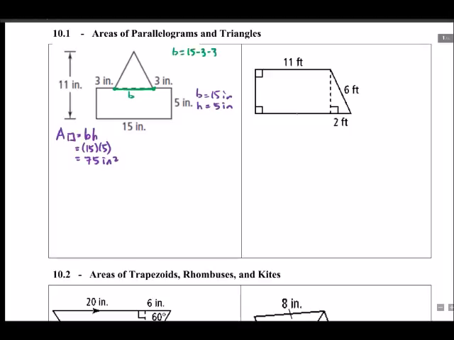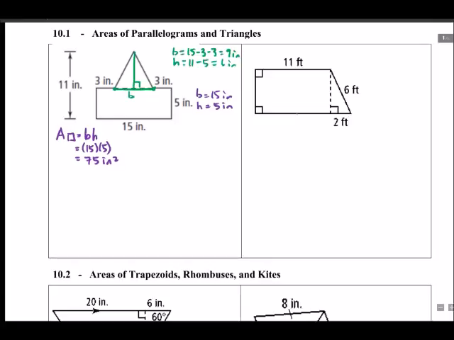So we'll subtract 3, and 3 more, so that's going to be 9 inches, and the height of our triangle is right here. And so we're going to do exactly the same thing for that. We know the total height of the figure is 11, and we're going to subtract off the height of our rectangle, which is 5, and we get our height is 6 inches.